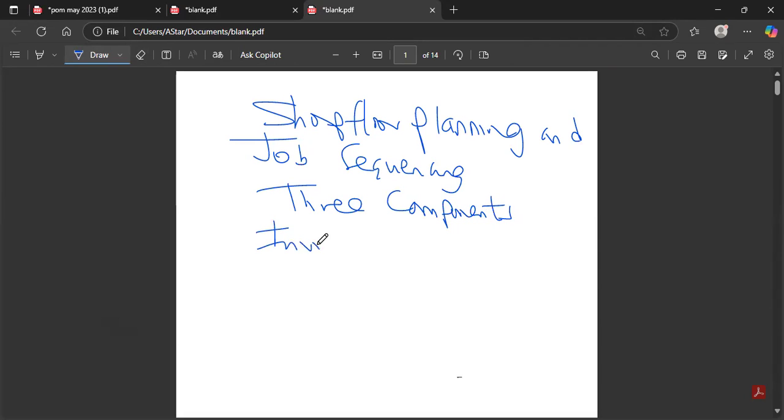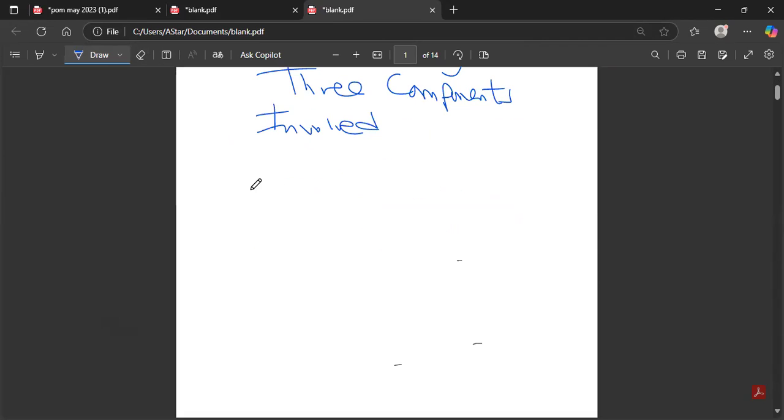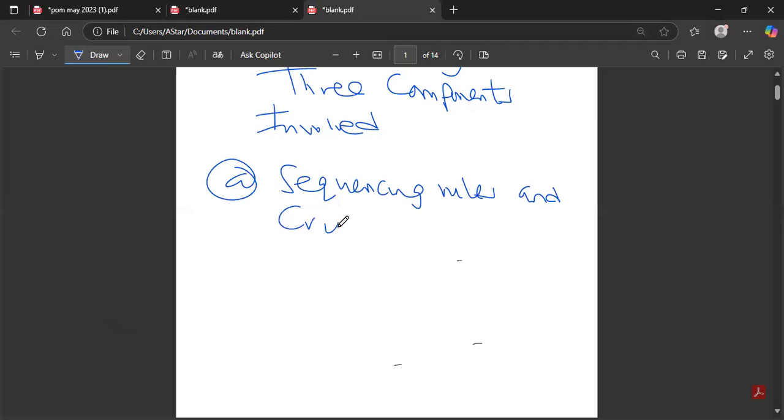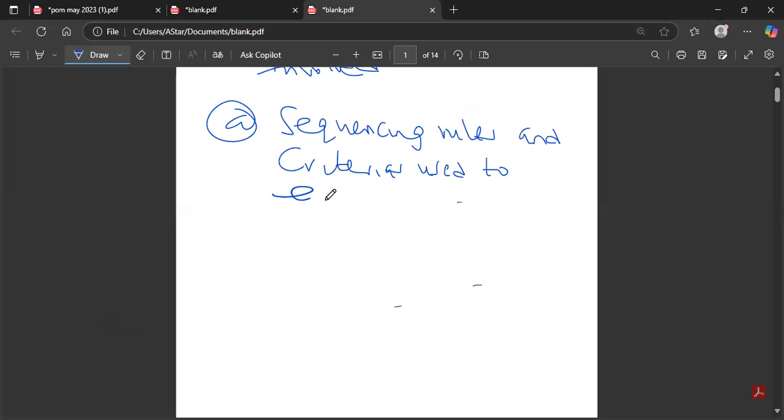Are we together? Number 1 is sequencing rules and criteria used to evaluate sequencing rules.